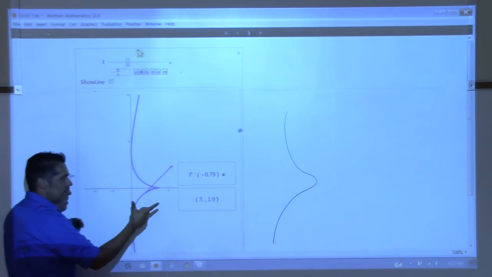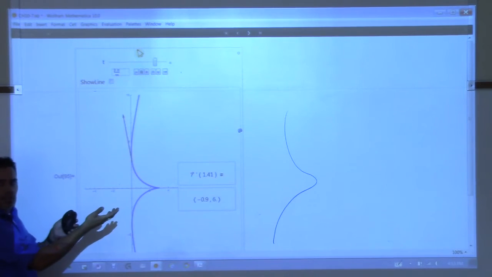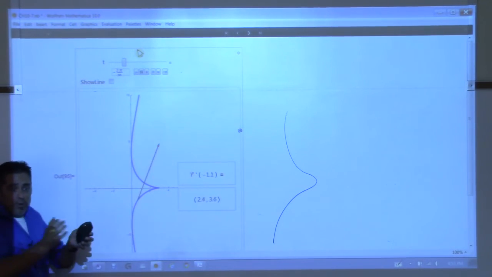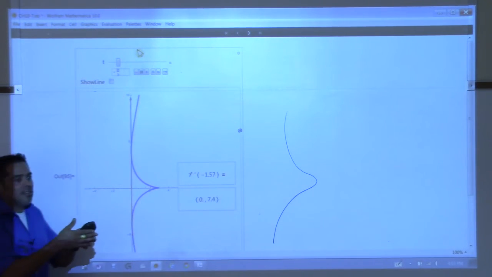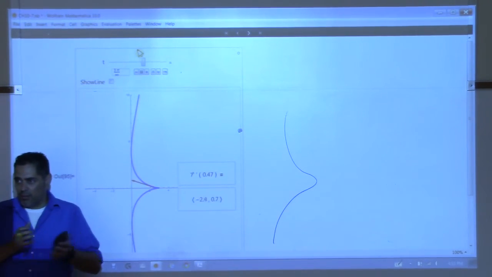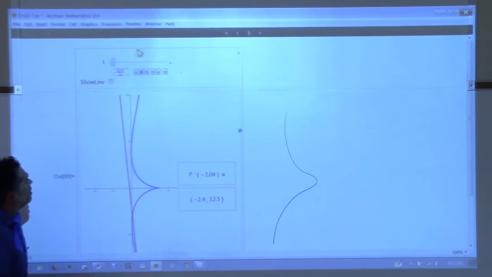And that's because if it changes direction and it's continuous, it has to move through 0. Not slowly move, but it has to continuously move through 0 to change direction. All right.